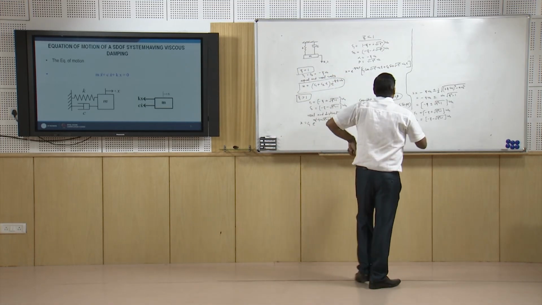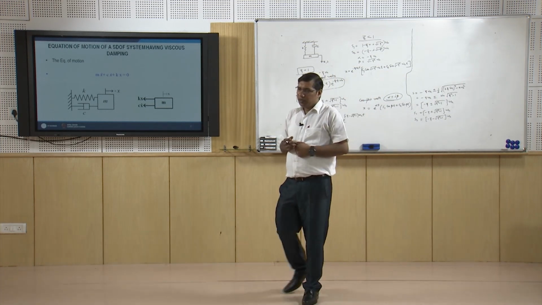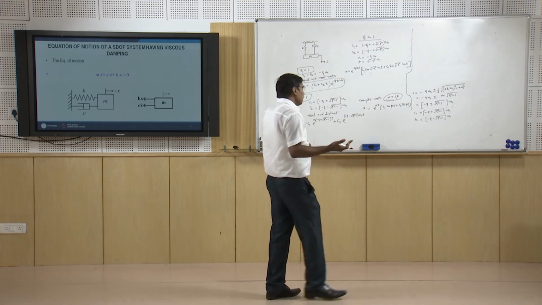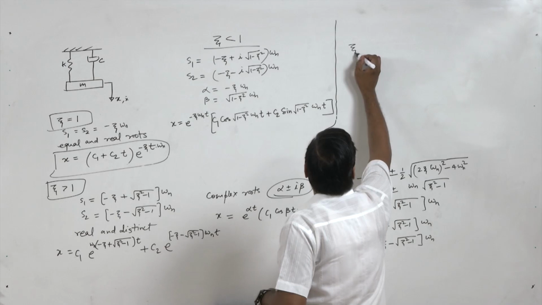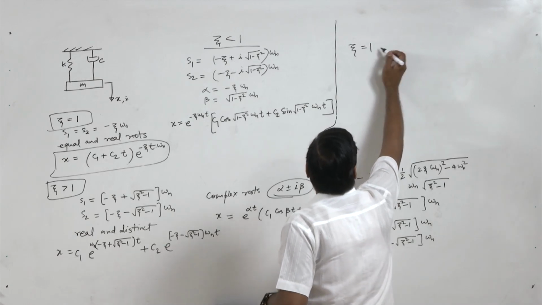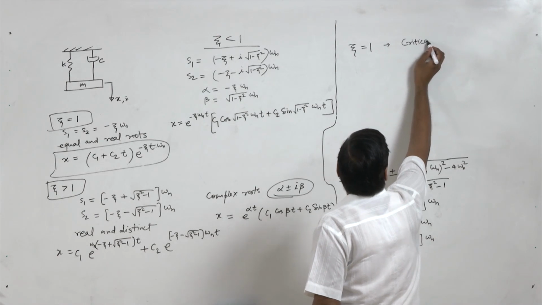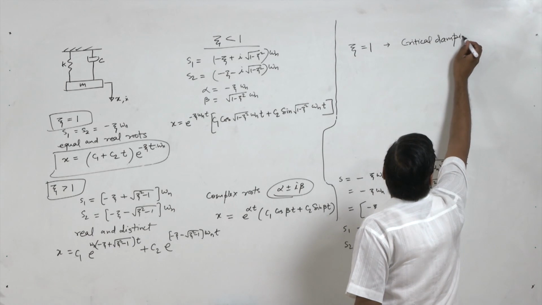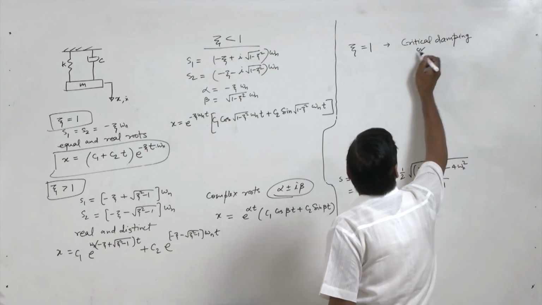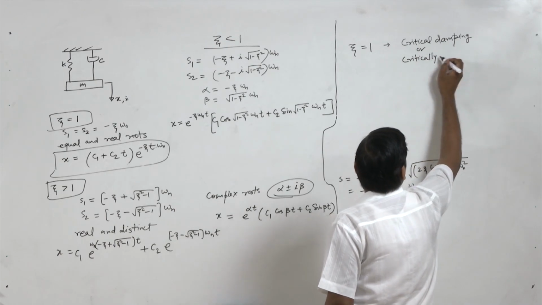So these three conditions lead us to three different types of damped systems. Zeta equal to 1 is called critical damping, or a critically damped system.